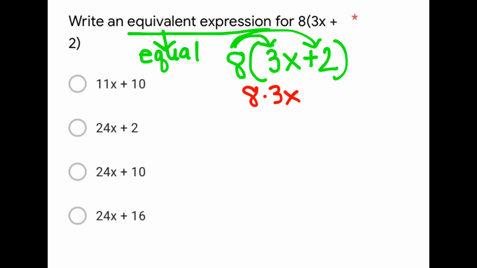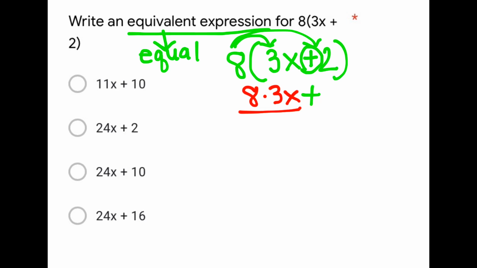I will give you a moment to go ahead and solve 8 times 3x. We keep our addition sign because that's the sign that was given.